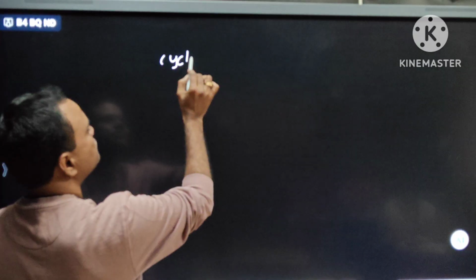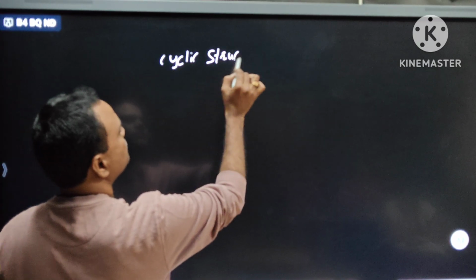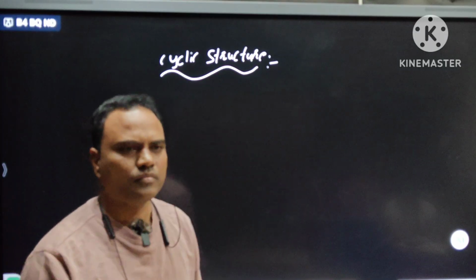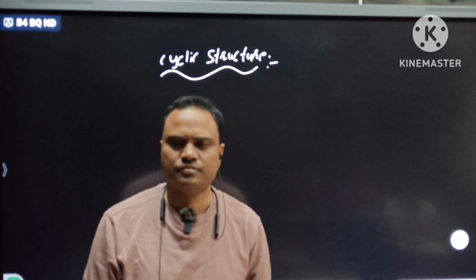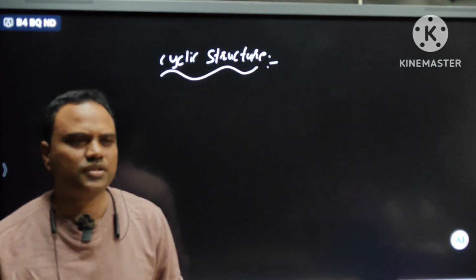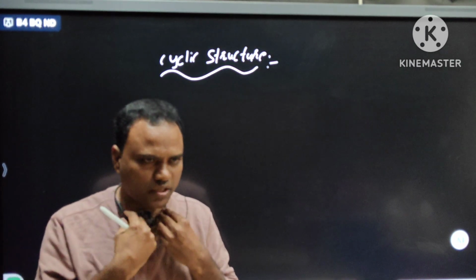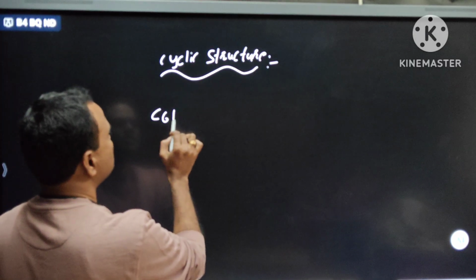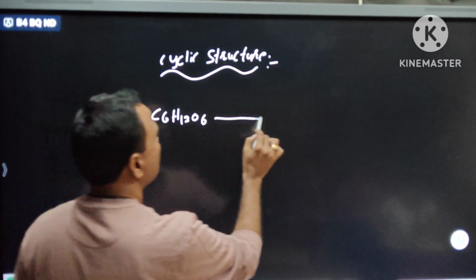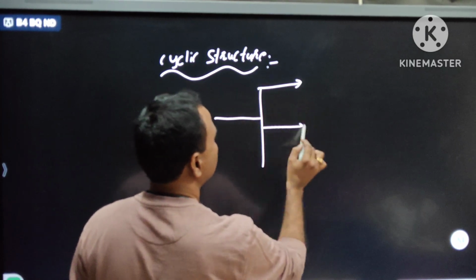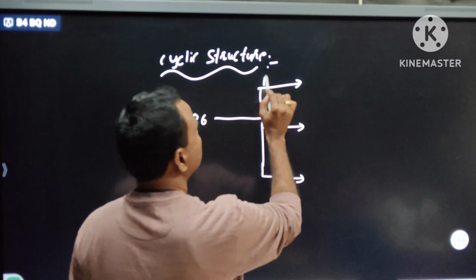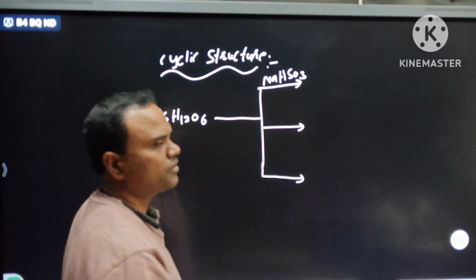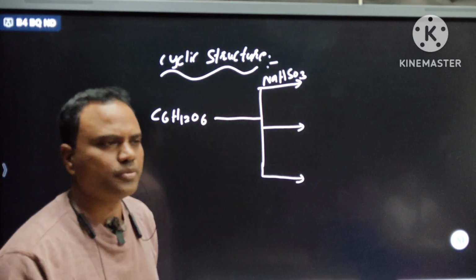Cyclic structure of glucose. What are the evidences for the cyclic structure of glucose? Glucose, C6H12O6. Tell me, online students, when glucose is treated with NaHSO3, what is the product?